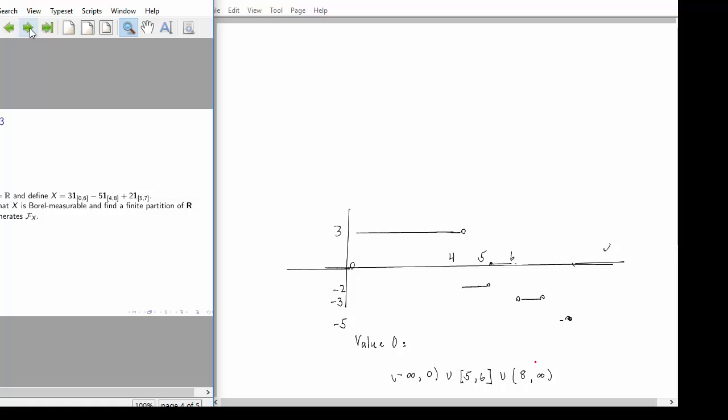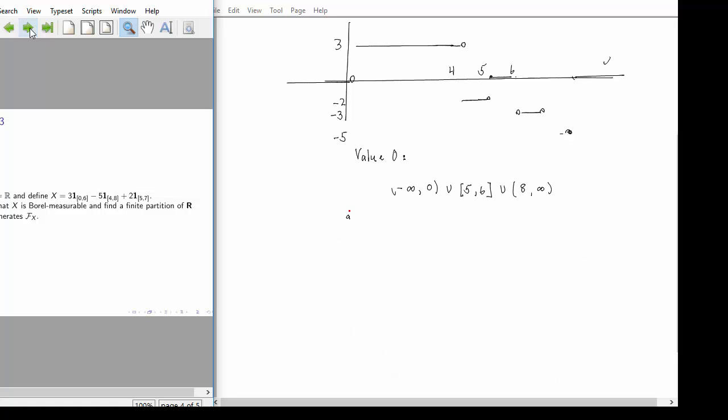And this is a single set in the partition because all you know is the payoff was 0. You don't know whether it was 0 because the number was negative, between 5 and 6, or greater than 8. So only the union of these is in the partition.